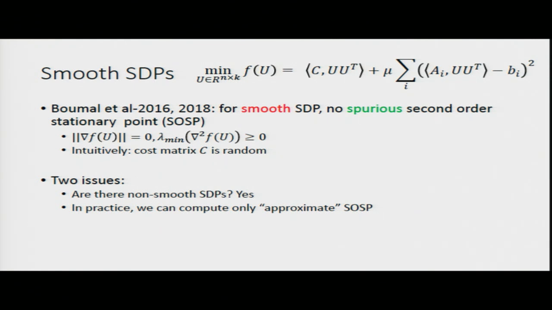We might be able to obtain only an approximate second order stationary point, in which case, again, the existing theory might not hold. So in this work, we get around this issue by using this approach of smoothed analysis, which is very popular in the TCS community. For several problems in the TCS community, to avoid the worst case instance, which can break this entire theory, you add a little bit of perturbation and then try to do the analysis with the perturbed problem.